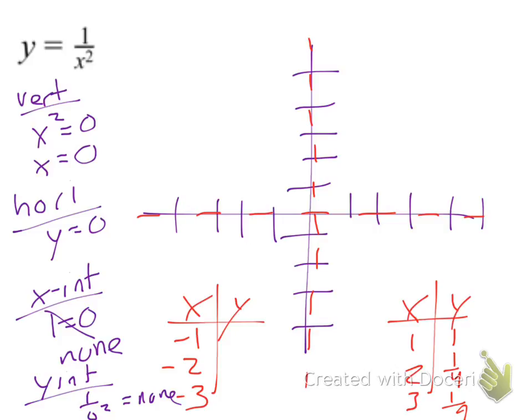Going to the other side, negative 1 squared is 1, so 1 divided by 1 is still 1. Ooh, wait, that's different. Negative 2 squared is a positive 4, so you end up with 1/4. Negative 3 squared is positive 9, so it ends up being 1/9.